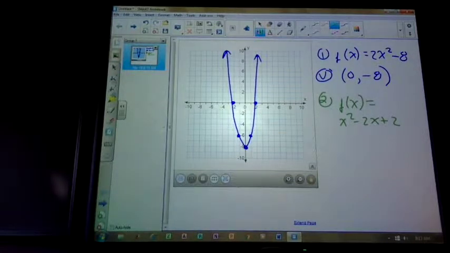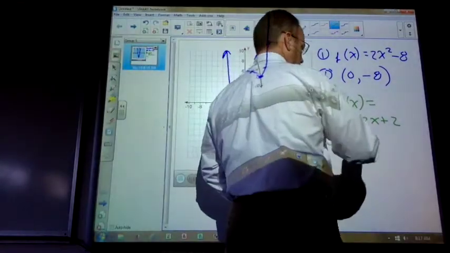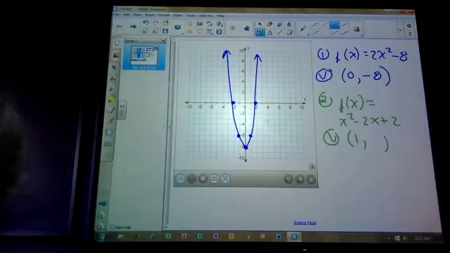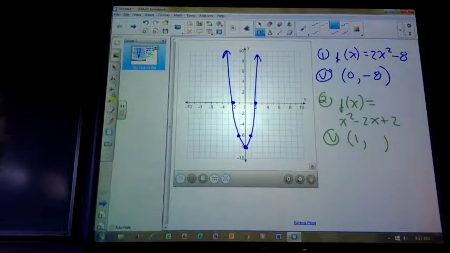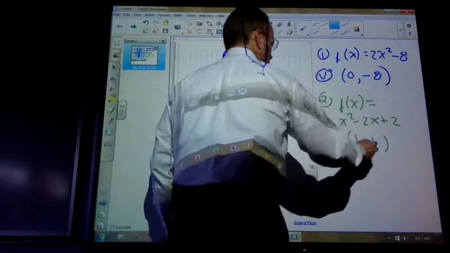So that gives me a 1, right? Did I do that right? And then for my vertex, I get 1 squared minus 2 times 1 plus 2. So 1 squared is 1. Negative 2 times 1 is negative 2. So 1 minus 2 is negative 1. Negative 1 plus 2 is 1. So my vertex is 1, 1.